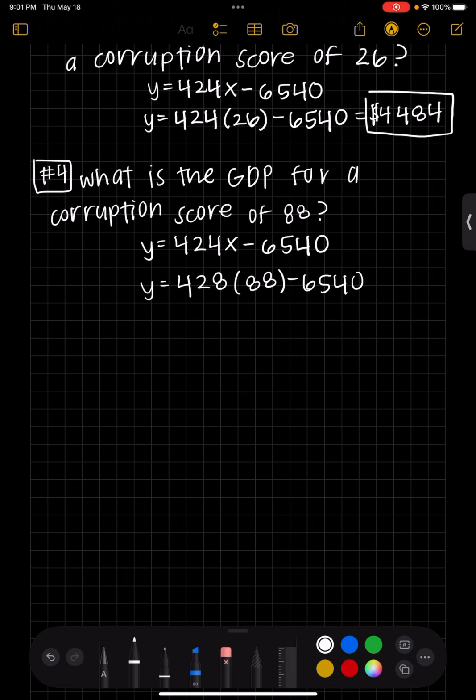And, oh, I wrote that weird. That's 424, not 428. When I plug that into a calculator, I am going to end up with 30,772, and that's in dollars, so it's $30,772. And this is how we interpret and use statistical models.